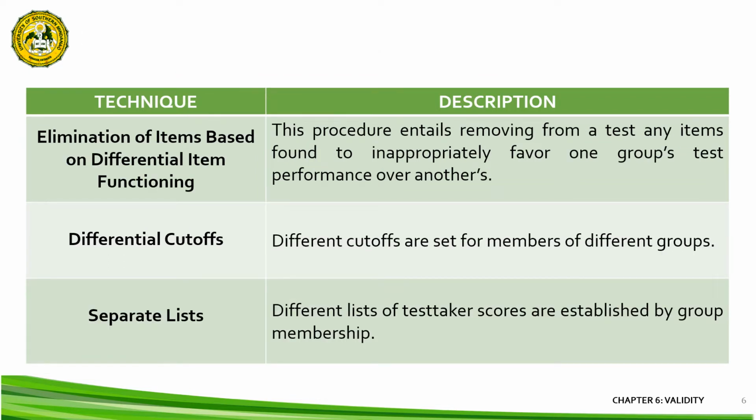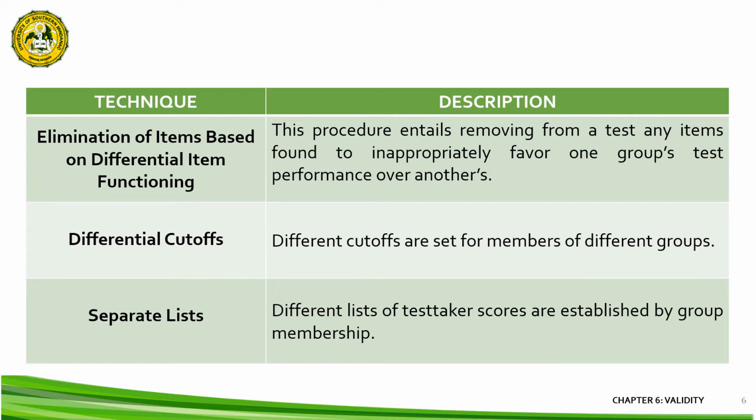The third technique is elimination of items based on differential item functioning. This procedure entails removing from a test any items found to inappropriately favor one group's test performance over another's. Ideally, the intent of eliminating a certain test item is not to make the test easier for any group, but simply to make the test fairer.